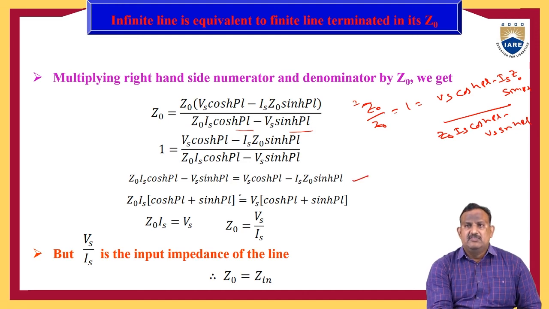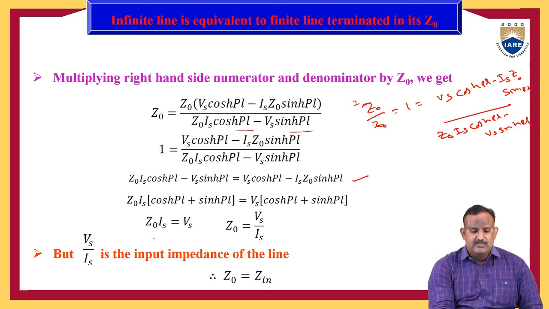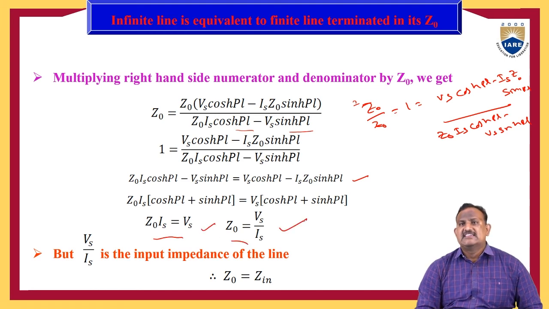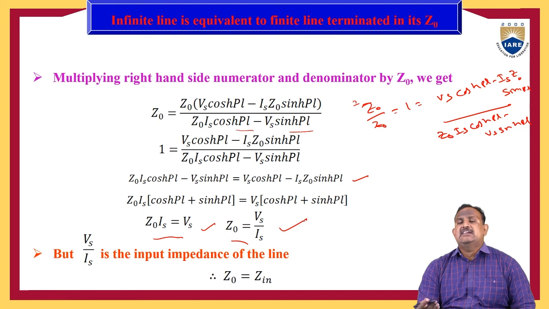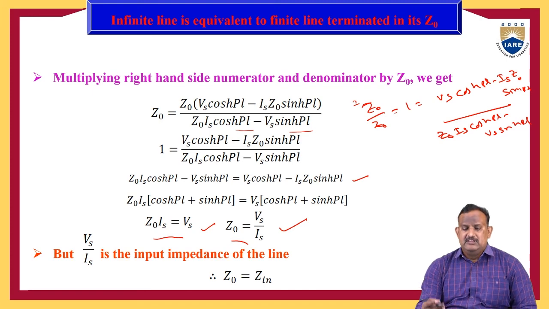So here if you simplify the equation on both sides, we have Z0 Is equal to Vs, or Z0 equal to Vs by Is, where Vs is the sending end voltage and Is is the sending end current. But Vs by Is is nothing but the input impedance Zn. So it means input impedance Zn is equal to output impedance Z0.